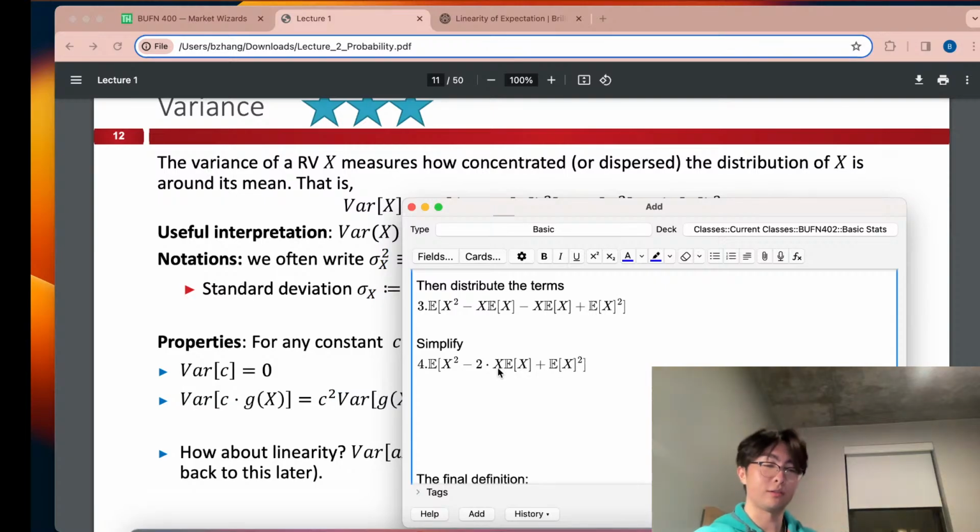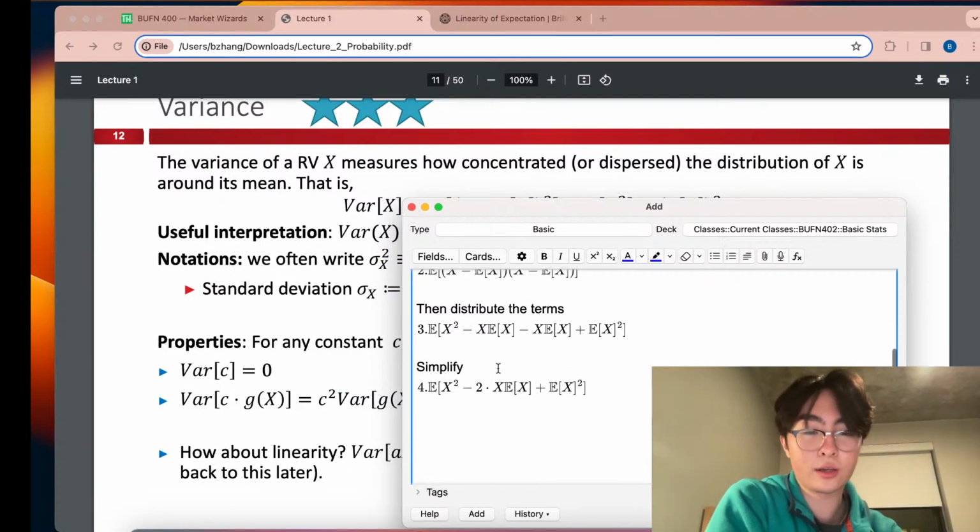What about the expectation of the product of two different variables?